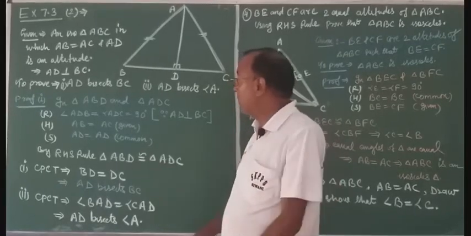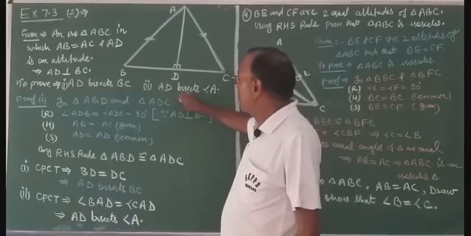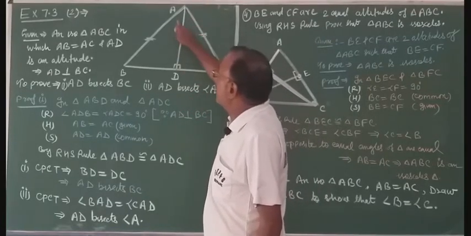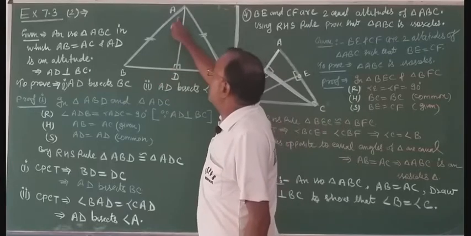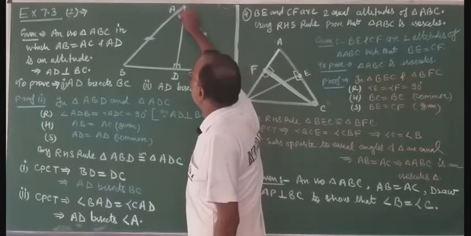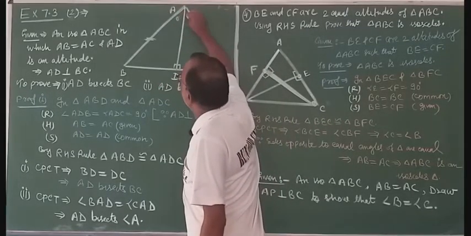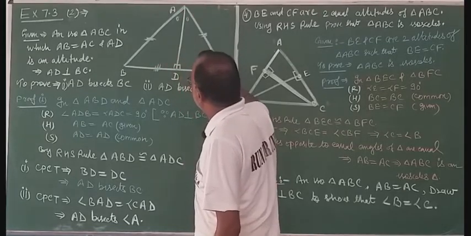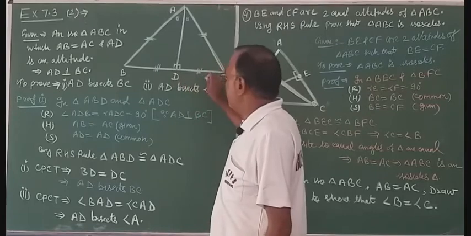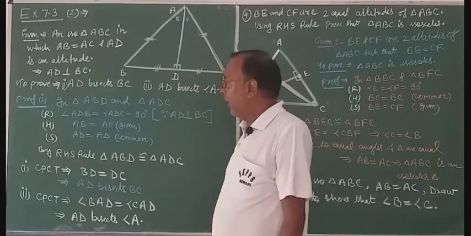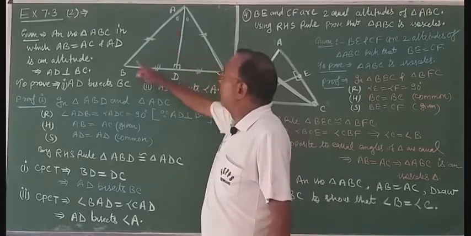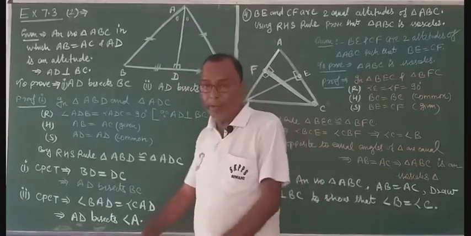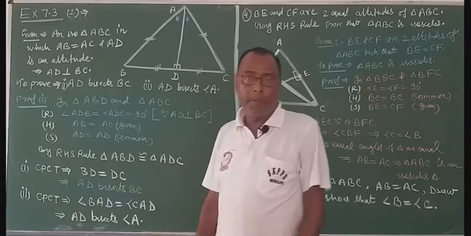And the second part is that AD also bisects angle A. This altitude also bisects this angle, meaning this part and this part should be equal. So BD should be equal to DC and angle BAD should be equal to angle CAD. This you have to prove.